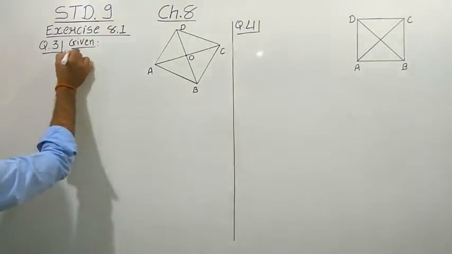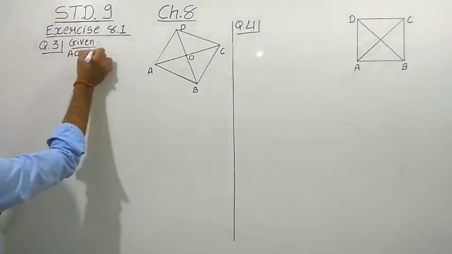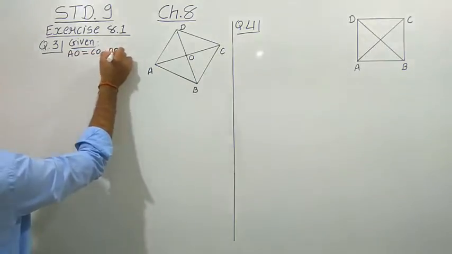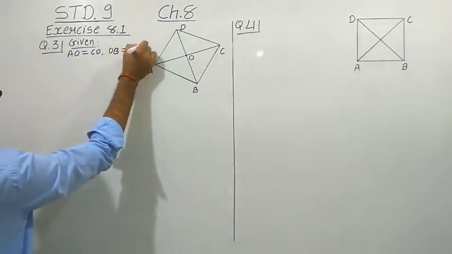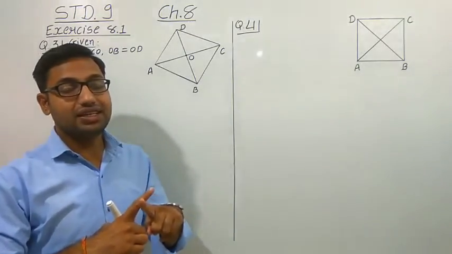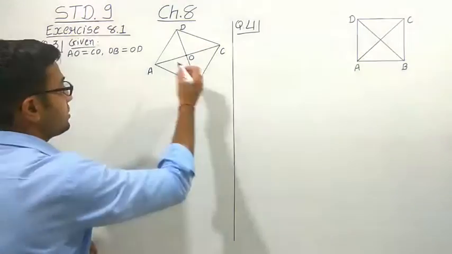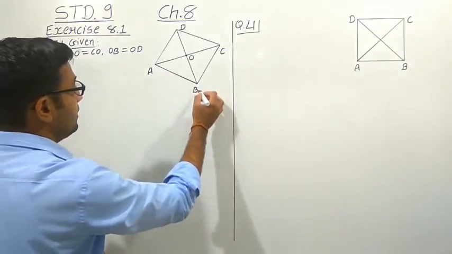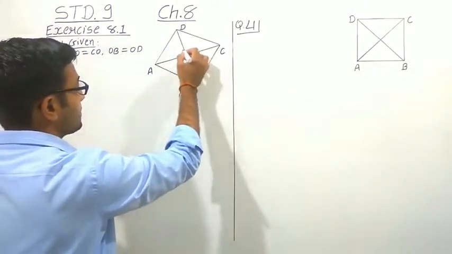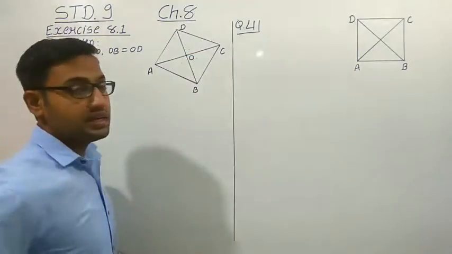We can write AO is equal to CO and OB is equal to OD. Also we are given that both are bisecting each other at right angles. So angles AOB, BOC, COD and DOA are all 90 degrees.